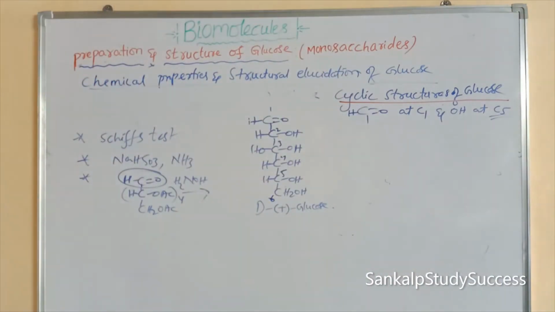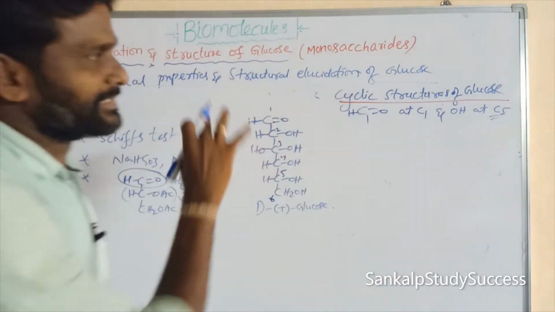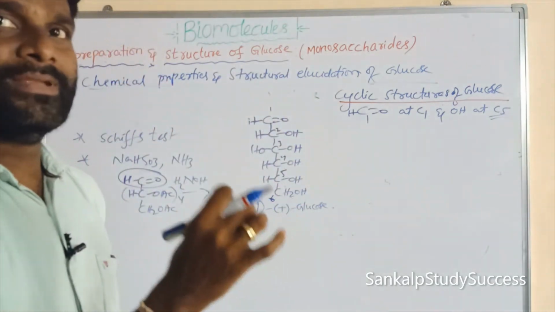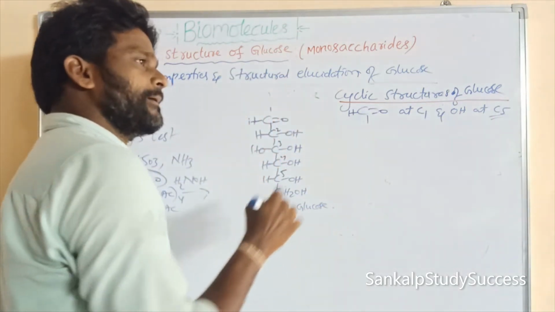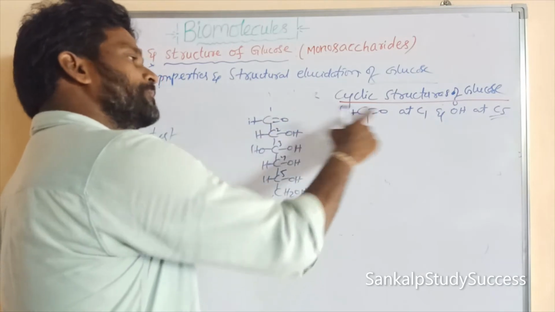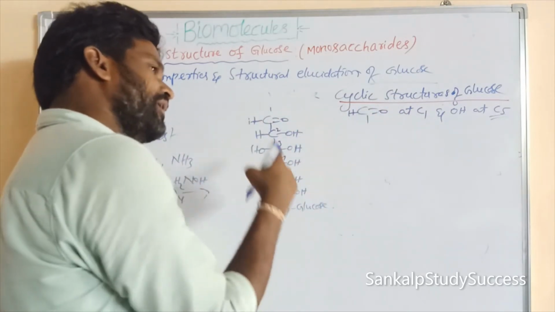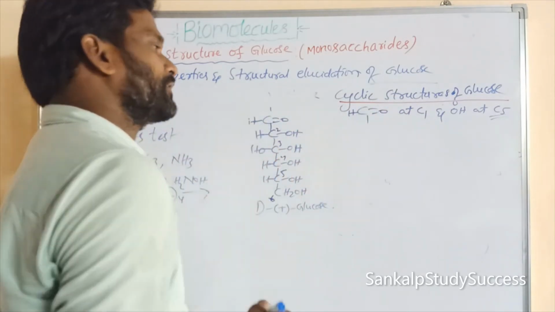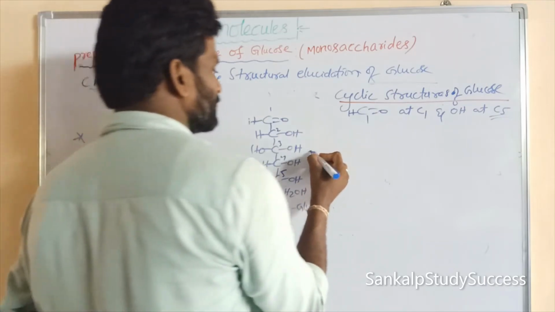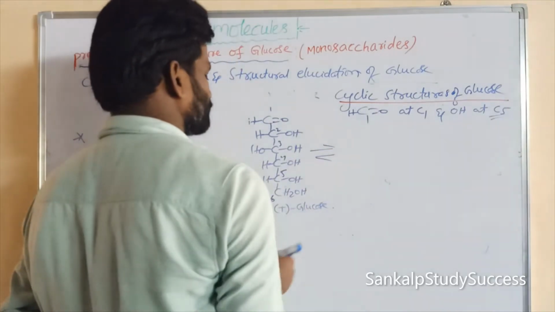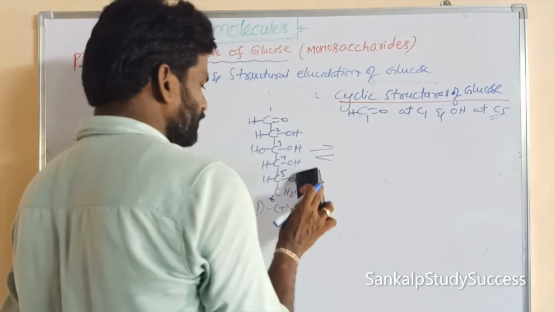So in glucose, the cyclic linkage is formed between the carbonyl group of the first carbon and the OH group at the fifth carbon. So how to write this structure? So this is the fifth carbon OH.